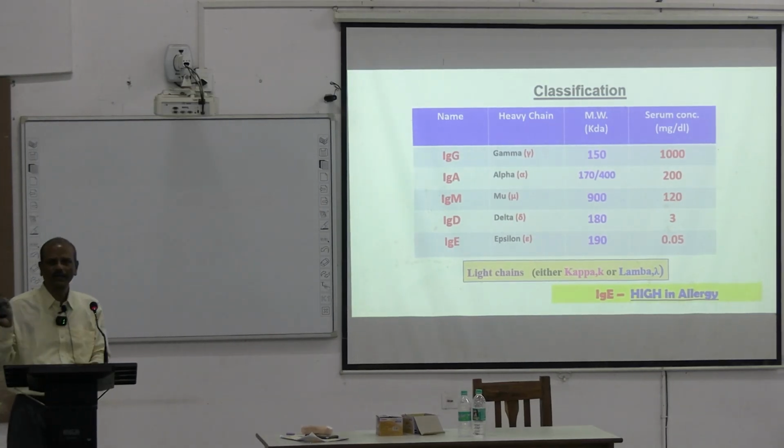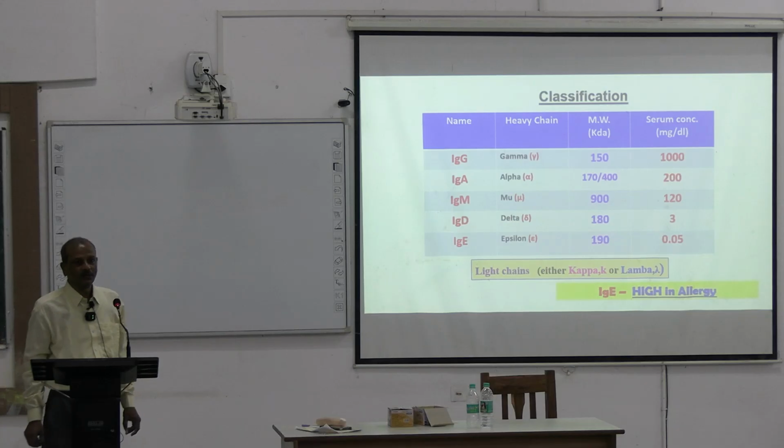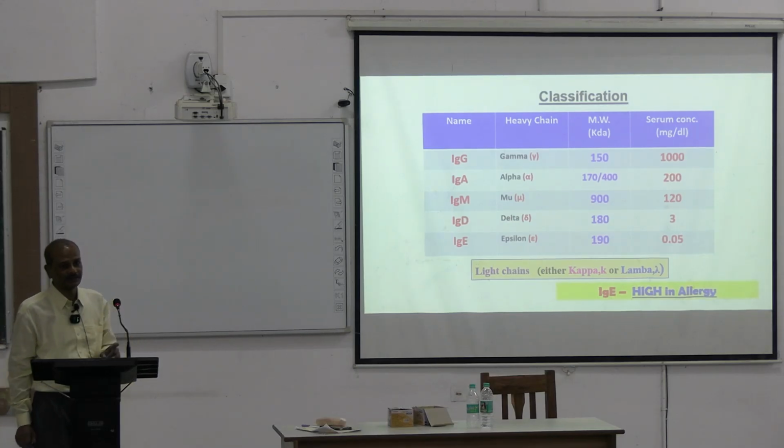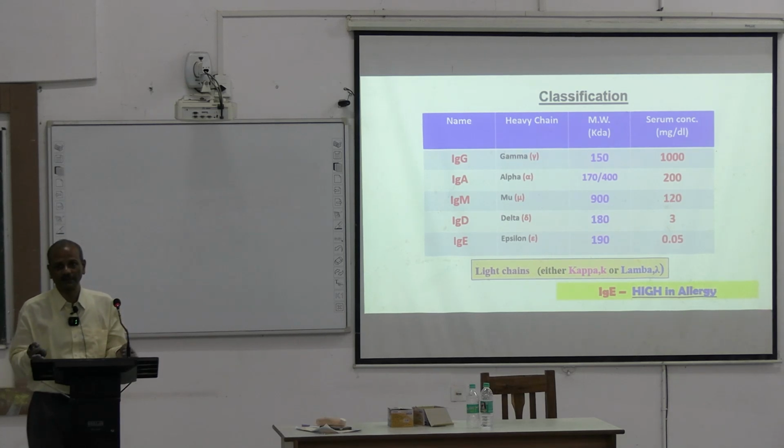Now we are not allergic to many things, and that's why the level of IgE is only 0.05. Now, when somebody has an allergy, first investigation you do is IgE testing, and the level will definitely be very high, depending on the type and degree of allergy, and the patient will be too much conscious about the level.